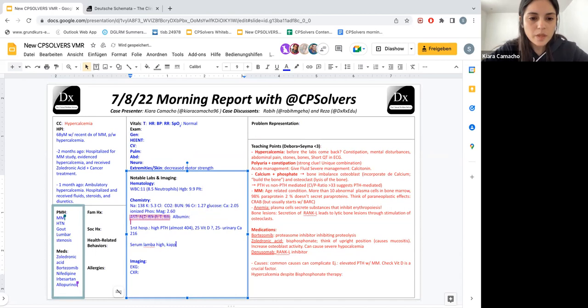And an SPEP showed high alpha and beta regions elevated, normal albumin, and there was no monoclonal peak by this time. So yes, this is what we did by that time.